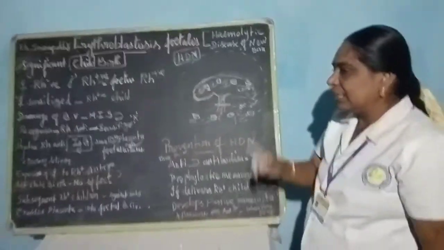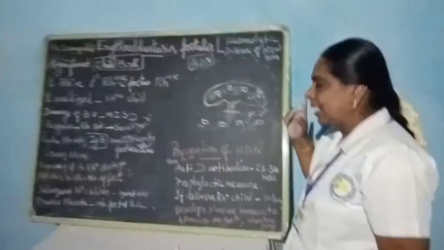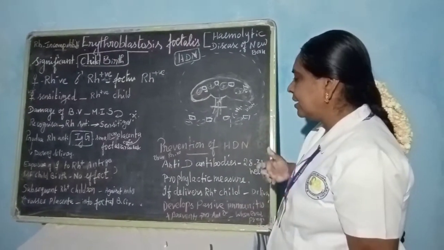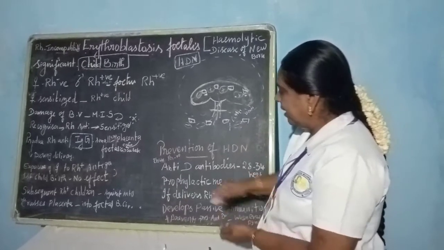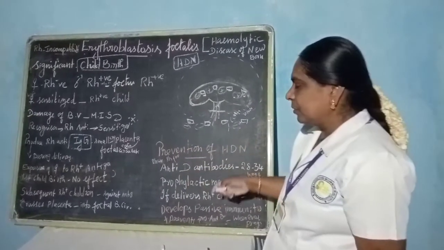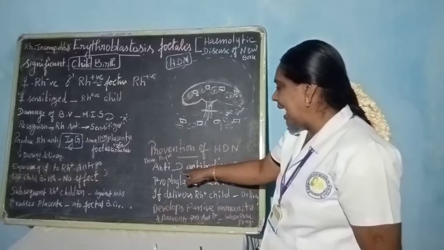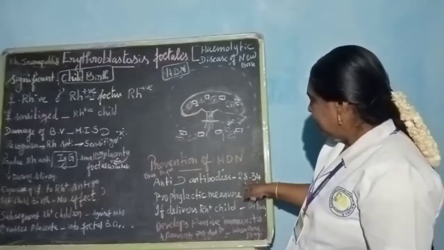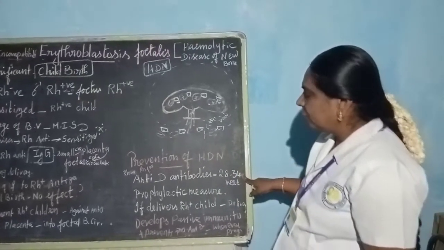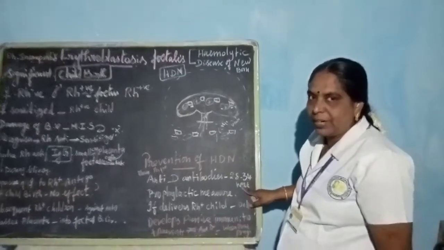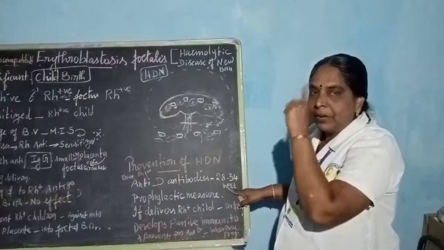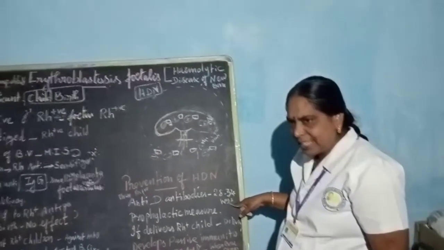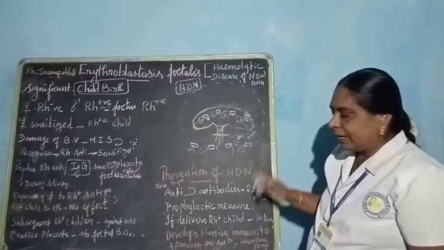If the mother is Rh negative and carries an Rh positive child, that mother should be administered anti-D antibody at the 28th to 34th week of gestation. What is gestation? Gestation means pregnancy. Can you understand?